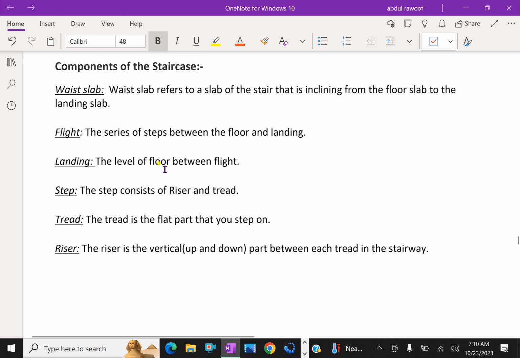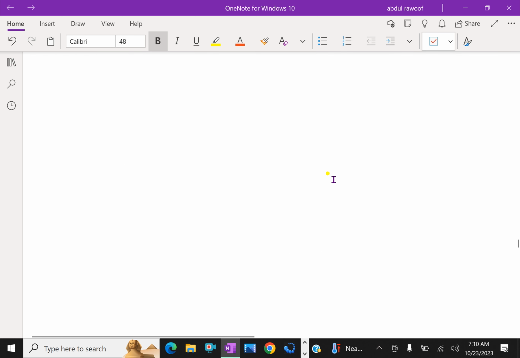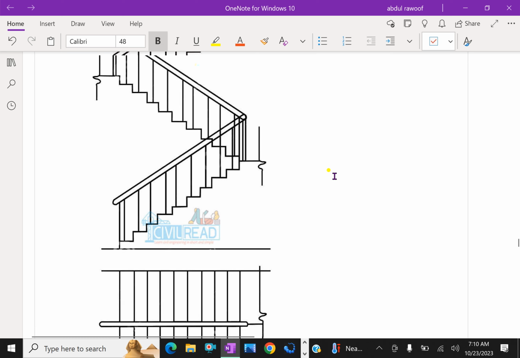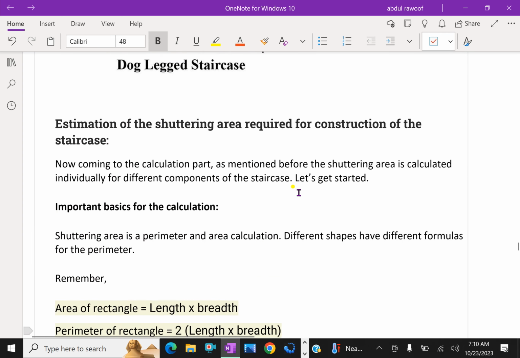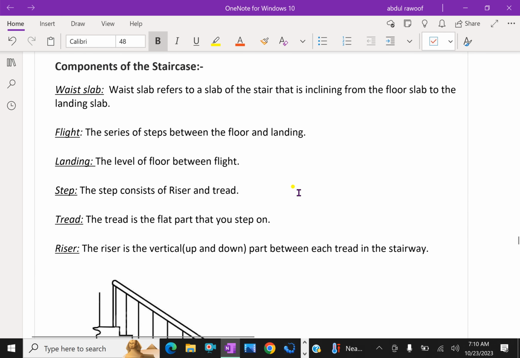Raised slab. Raised slab refers to a slab of the staircase that is inclined from the floor slab to the landing slab. Look at here, this is the raised slab. Next is flight.